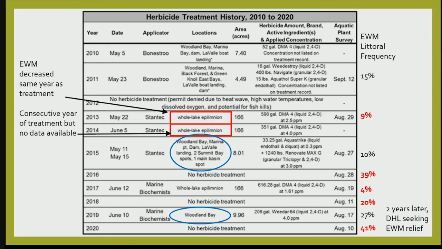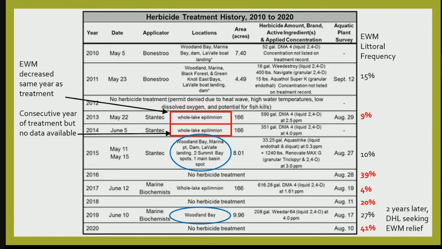After 2014, you've got 8 acres of herbicide treatment in 2015. Milfoil occurrence stayed low at 10% in 2015, but if we focus only on whole lake herbicide treatments, the 2014 efforts lasted for only 1 to 2 years, because by August of 2016, the milfoil was at 39%.